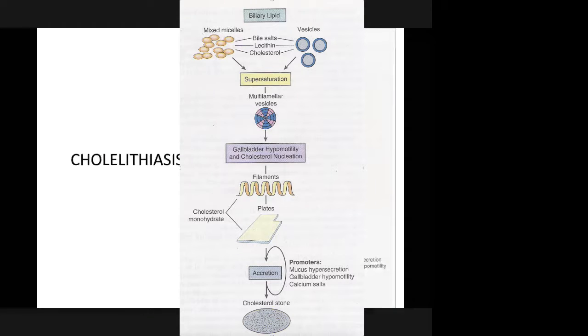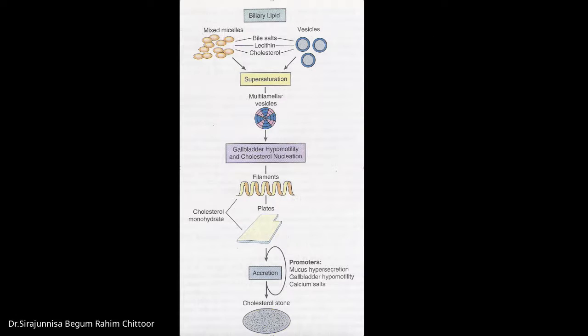Cholesterol nucleation occurs when the cholesterol content surpasses the solubility of the bile salts. That nucleation is responsible for crystallization of cholesterol, which will form cholesterol monohydrate filaments, sometimes plates.